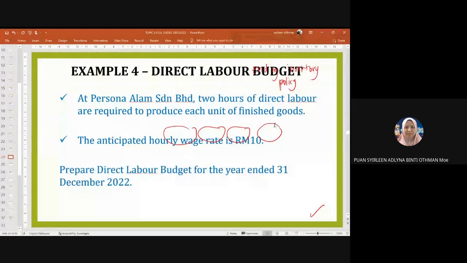It stuck here, so you ignore it, because when the line is lagging, it becomes like this. This is for the direct labor budget. Ignore the scribbles, because I cannot erase the annotation.